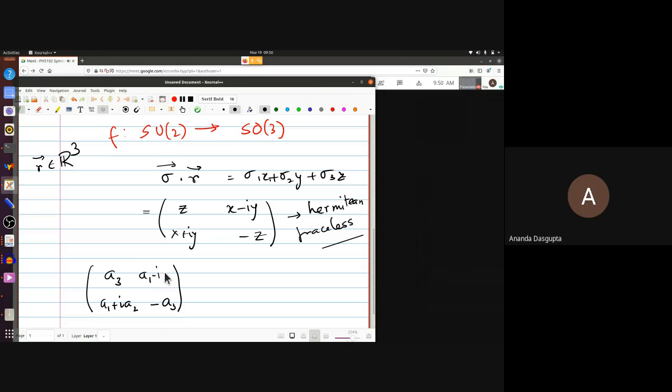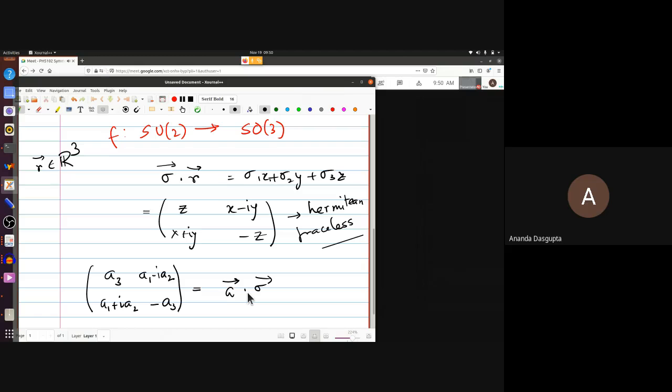So it has to be a1 minus ia2, where a1 and a2 are real numbers. Which means that any traceless Hermitian matrix can be written down in this particular form. So sigma dot r is a particular traceless Hermitian matrix, and any traceless Hermitian matrix is of the form a dot sigma, where a is some three-dimensional vector.